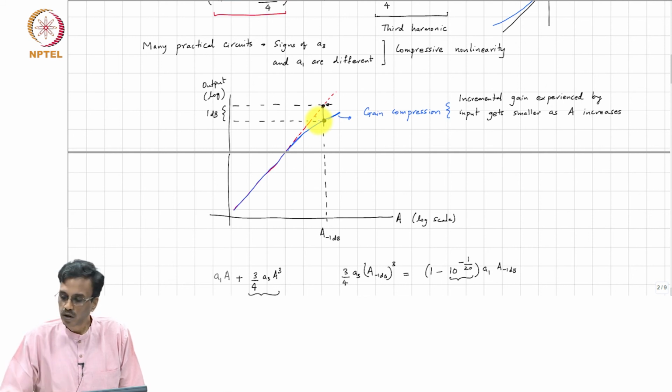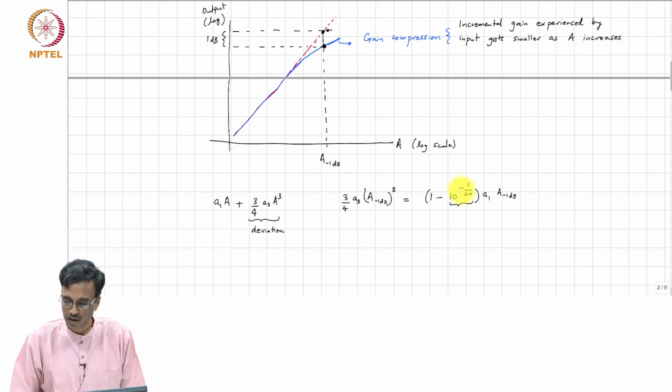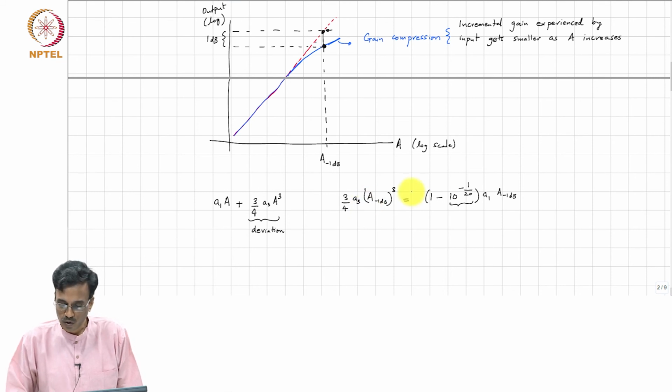So, 1 dB lower is basically 10 to the power minus 1 by 20, correct. So, the difference between the two is A1 times A minus 1 dB times 1 minus 10 to the power minus 1 by 20, which is 3 by 4 A3 A minus 1 dB the whole cube. So, you can go and do the math, and this will give you the formula for A minus 1 dB.